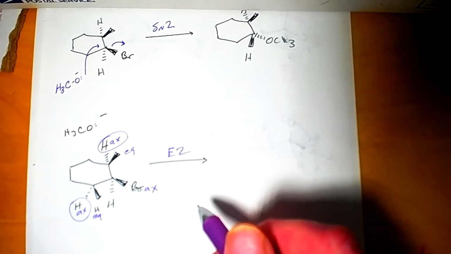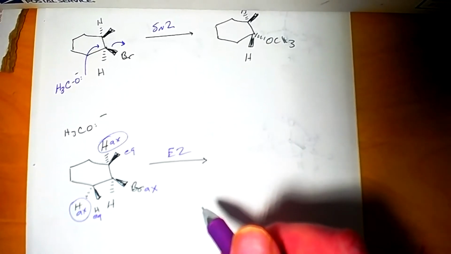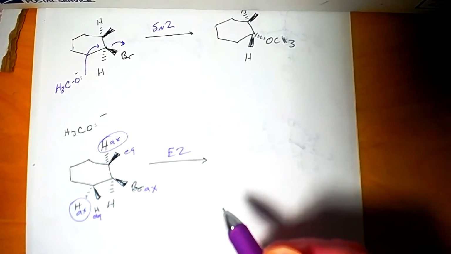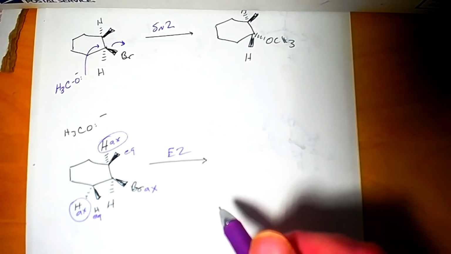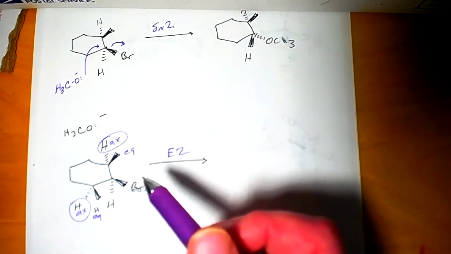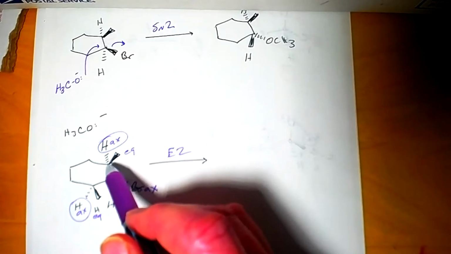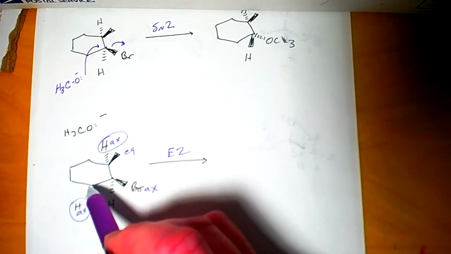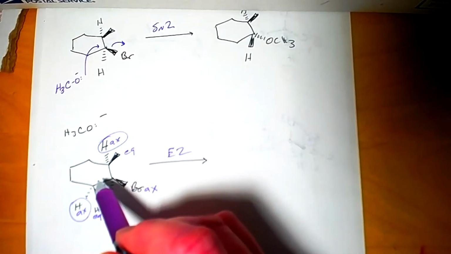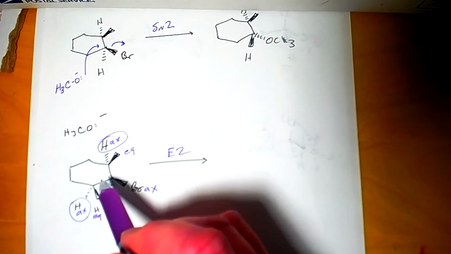The issue here, however, is E2 elimination prefers to give the Zaitsev product if sterics is not an issue. And this is not a sterically encumbered base. And so if we put the double bond here, it's going to be adjacent to this methyl group. Whereas at the double bond here, it will only be a secondary alkene.